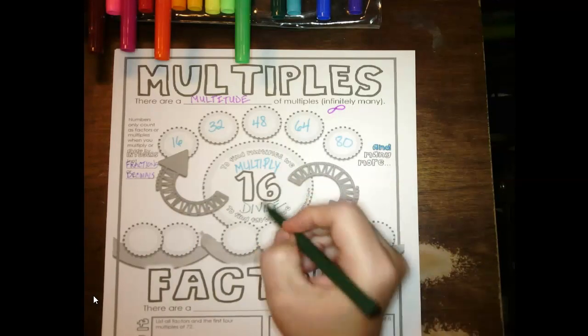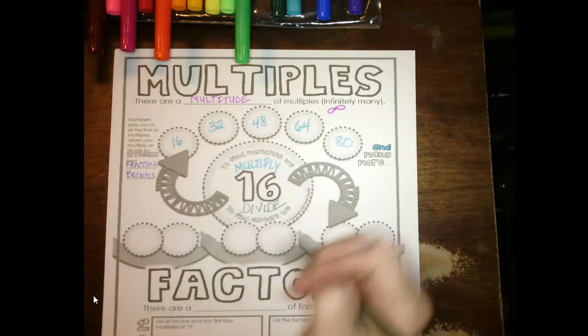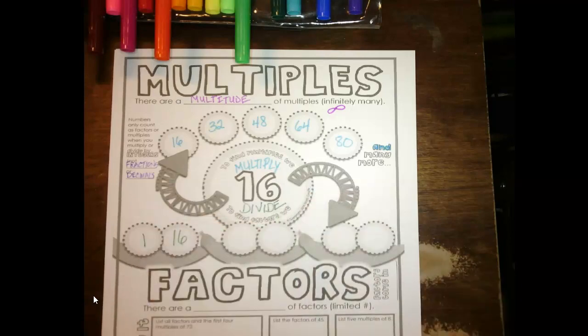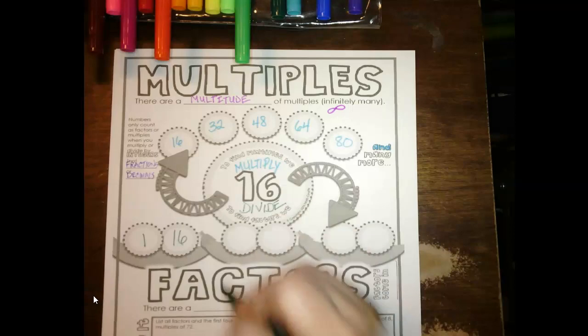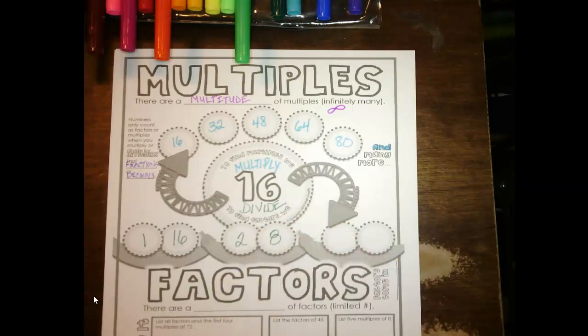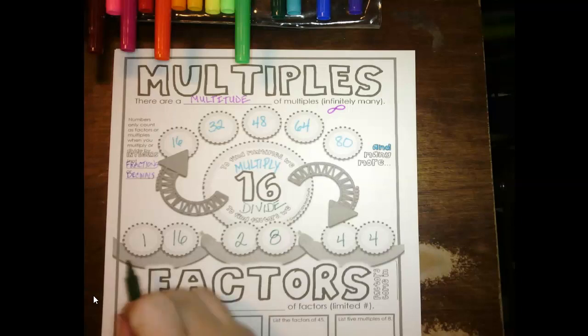So, we've got 16, so we're going to divide. 16 divided by 1 is 16. 16 divided by 2 is 8. And 16 divided by 4 is 4. Those are all of our factors for 16.